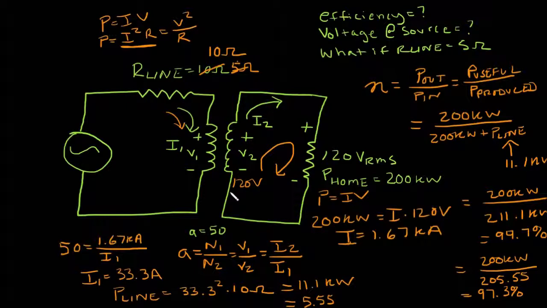120. We can find this voltage over here using this A value, so A equals V1 over V2. We'll go ahead and solve for that.